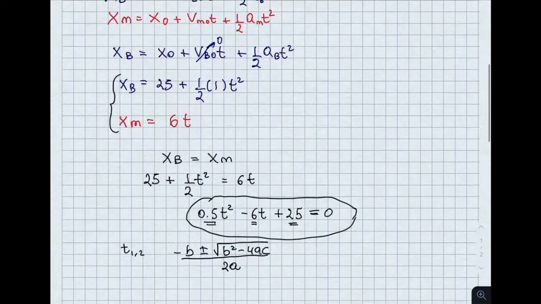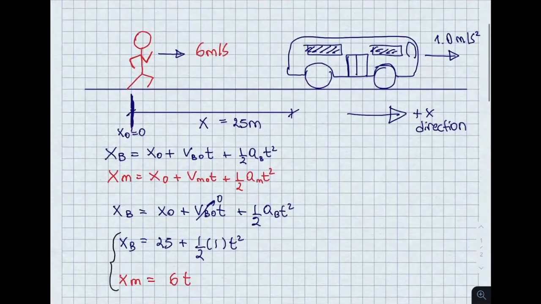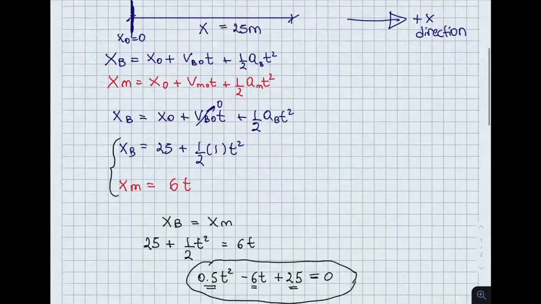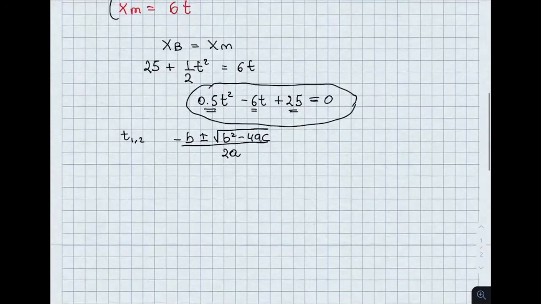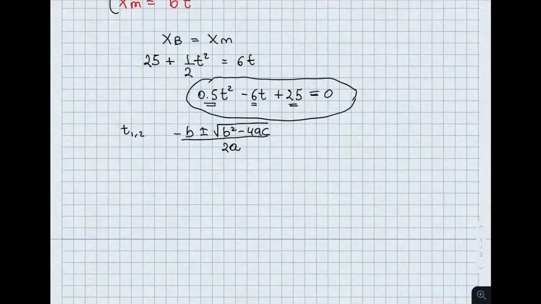The question asks if the man is able to catch the bus after running. To know whether he will catch it or not, we need to look at this value right here. This is called the discriminant of the equation. B squared minus 4ac is called the discriminant, and it is under the square root.